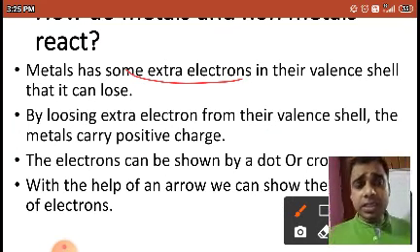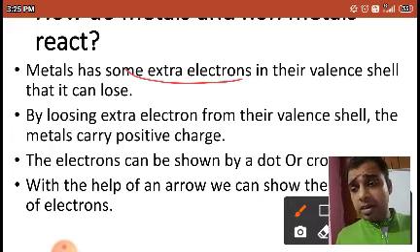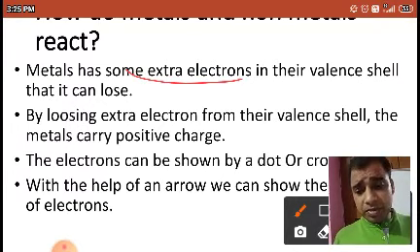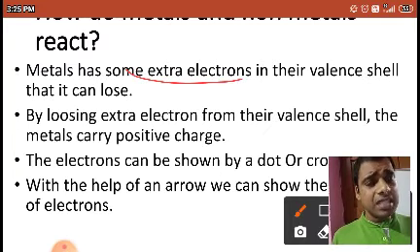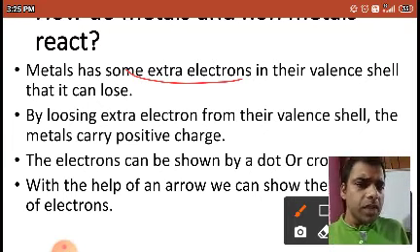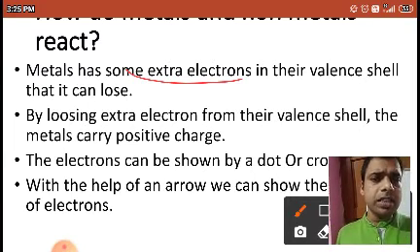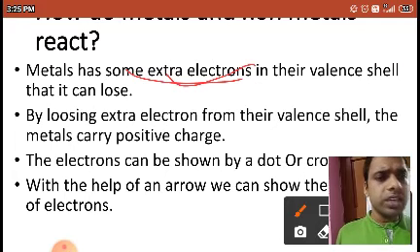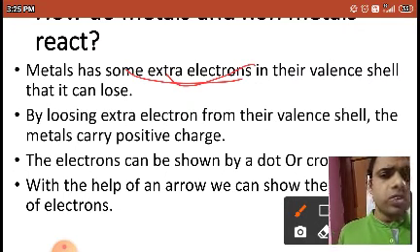To gain stability. The extra electron is actually preventing it from gaining stability, and hence it decides to lose those electrons.